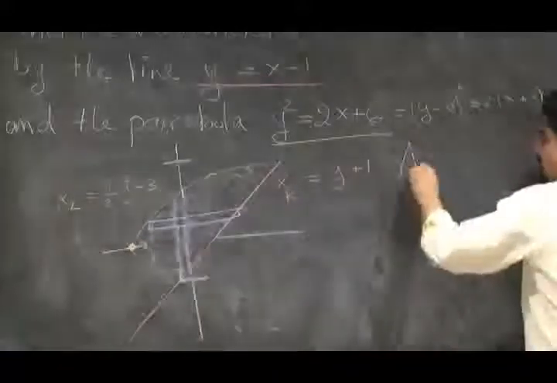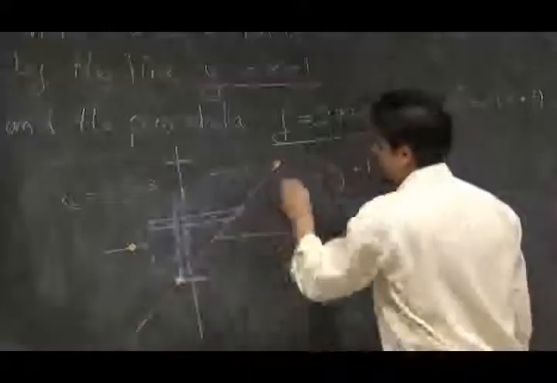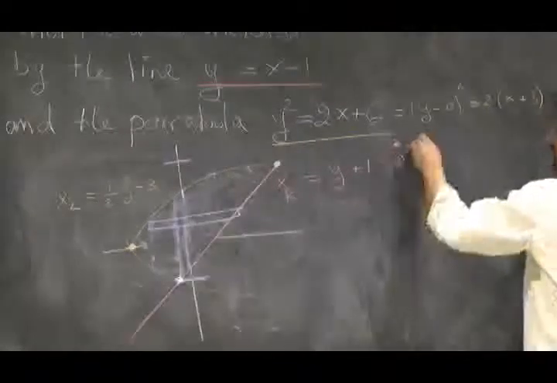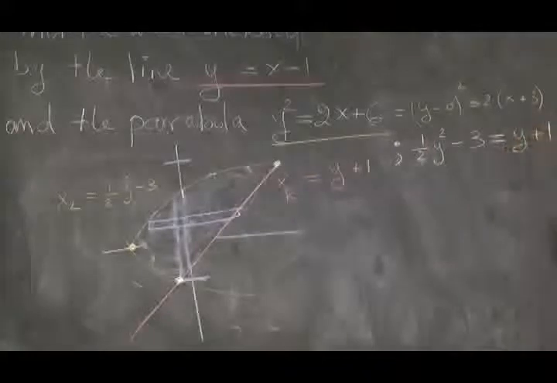Before the integral, we need the points of intersection here and here. We can find that the same way we did the other one. We just set those two expressions equal: 1/2 y squared minus 3 equals y plus 1.